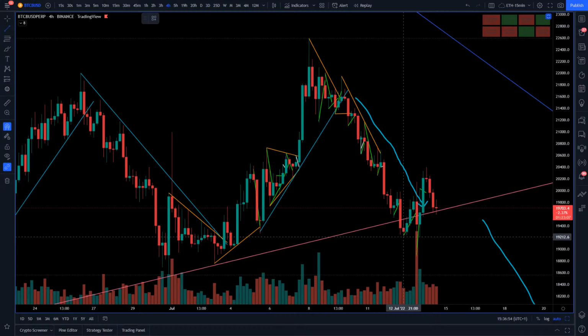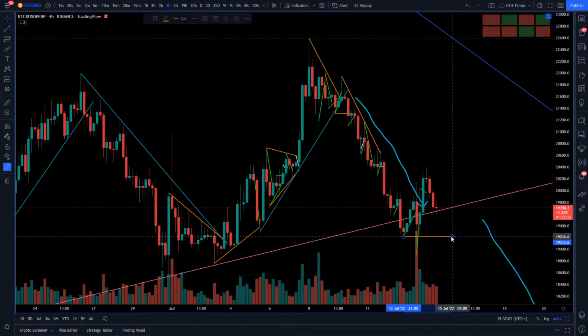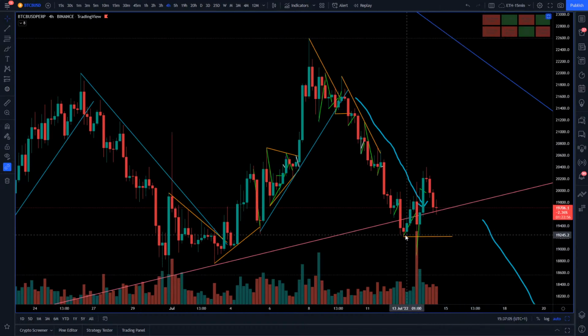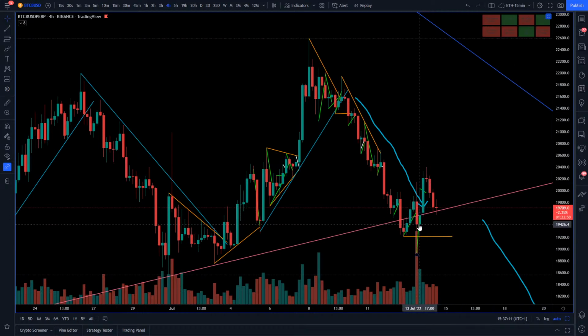This is a possible daily breakdown, a flat breakdown. If this breakdown doesn't happen right now, it's because there was a CPI news that came out yesterday, and that caused a big dump across the market.